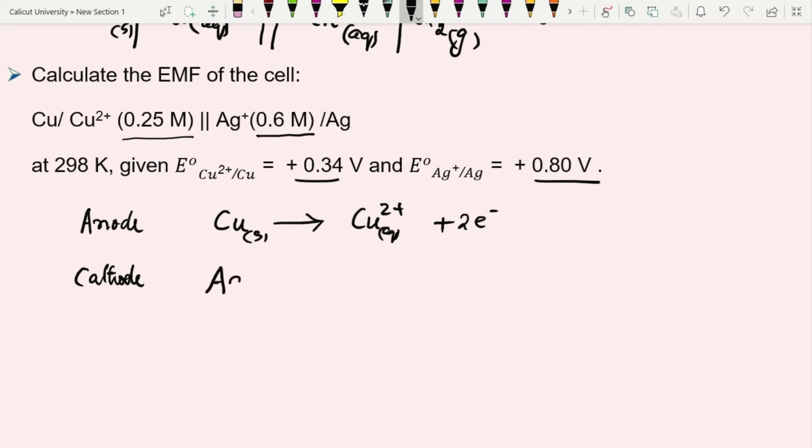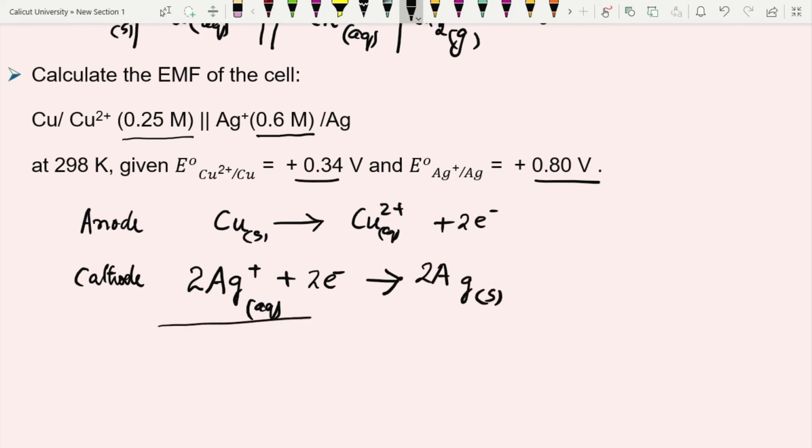Now, in this case, one more thing to be considered. Here I have silver ions, and a silver ion requires only one electron to get reduced to silver metal, but since the anode is supplying 2 electrons, they have to be consumed by the cathode. So, 2 silver ions will take up these 2 electrons, because copper is pumping 2 electrons per copper atom, so 2 silver ions get converted into 2 silver metal.